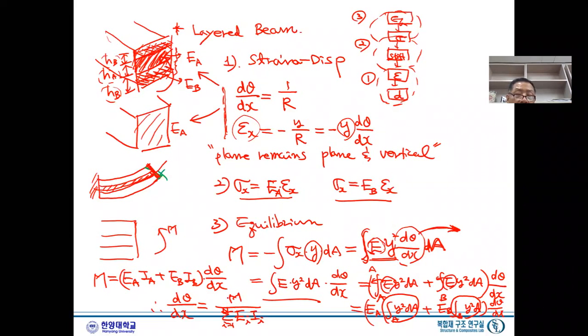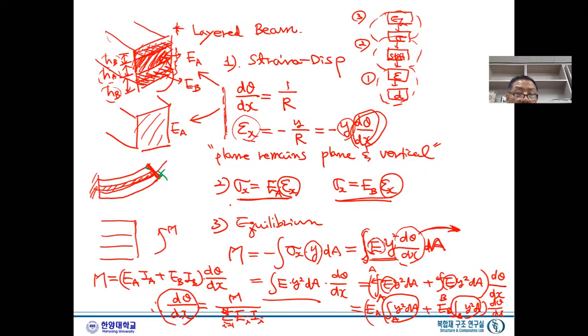Okay, that is the moment, and this was the unknown which we have to derive from moment equilibrium equations. Once we have this one, we can put it back to here, and then we can calculate the sigma x. So imagine this one is a constant, and this is the y here and there.